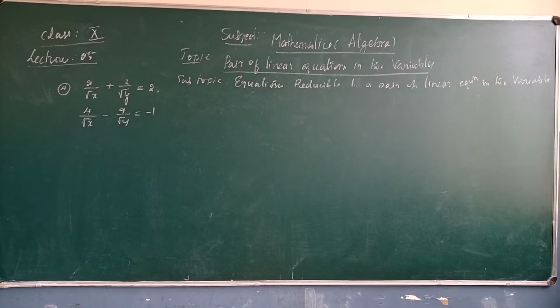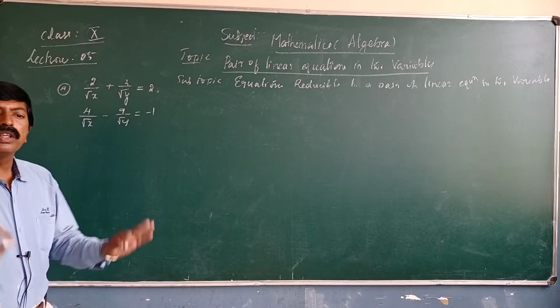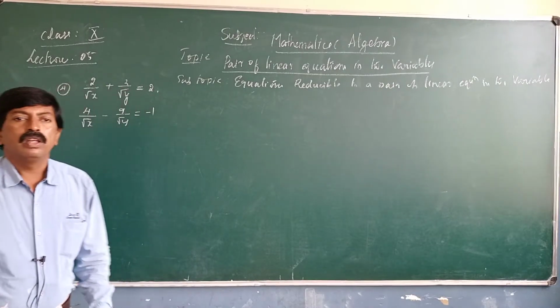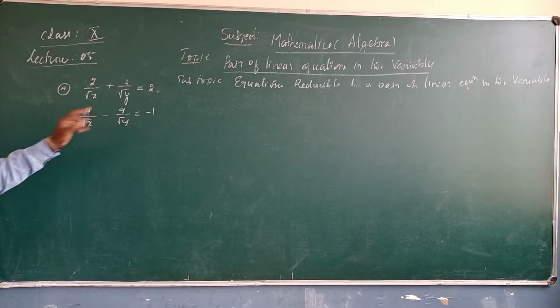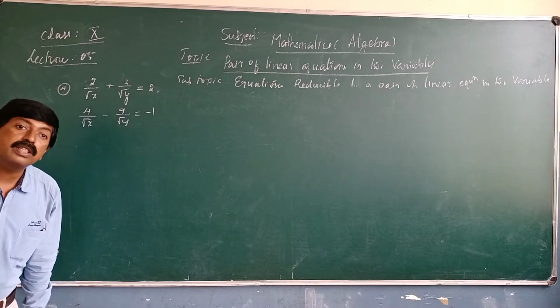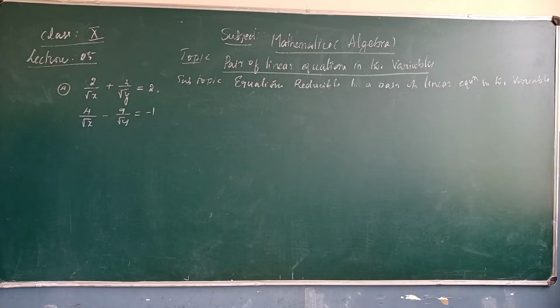Here it has two equations. These two equations are not in the form of ax plus by is equal to c. Now we have to reduce these equations to standard form, in terms of p and q.